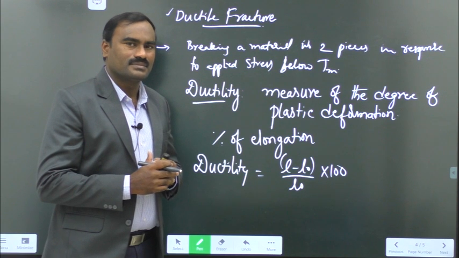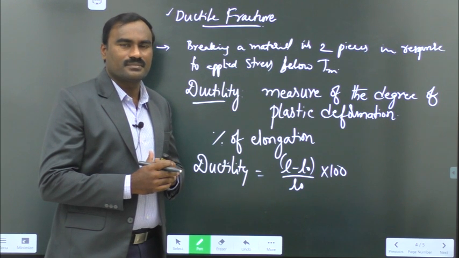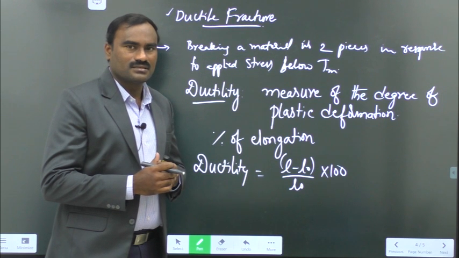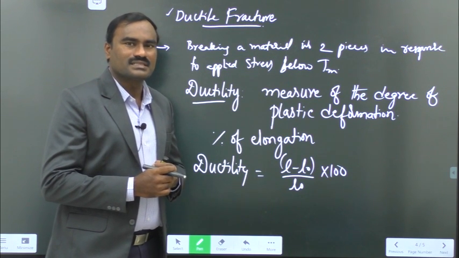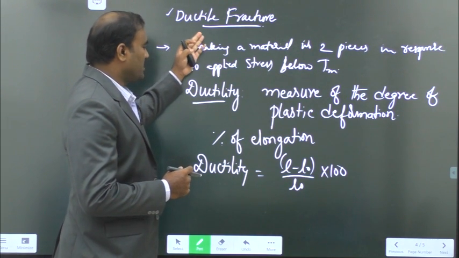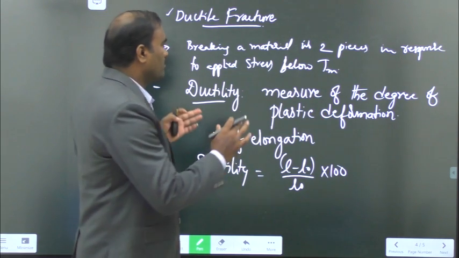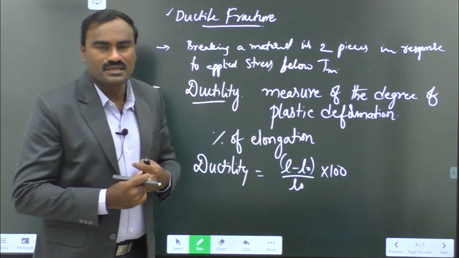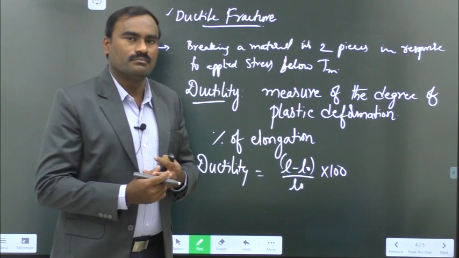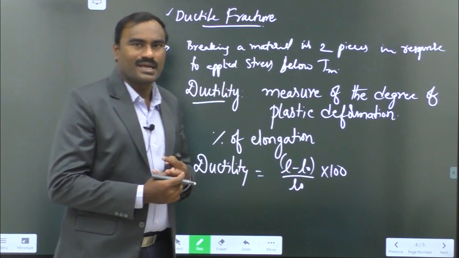If the material does not exhibit sufficient plastic deformation before its failure or fracture, then it is called brittle fracture. In the case of ductile fracture, there is a considerable plastic deformation of the material, whereas in the case of brittle fracture, there won't be any considerable plastic deformation.